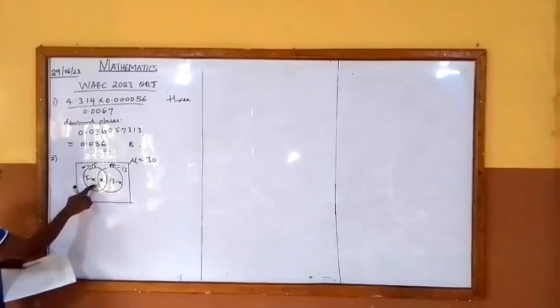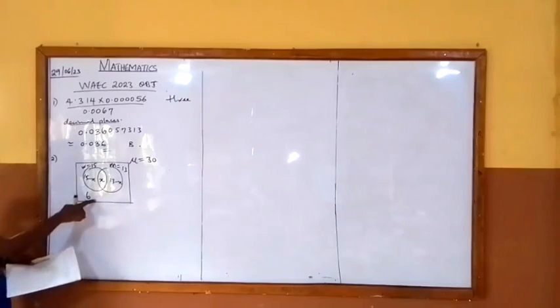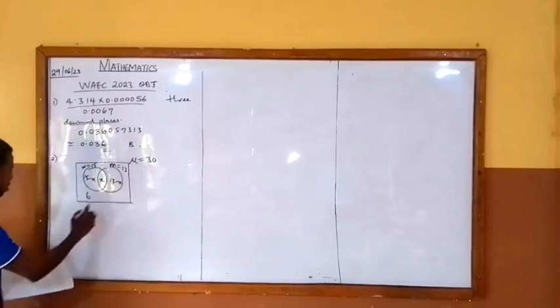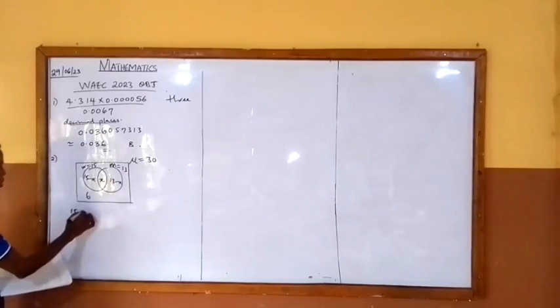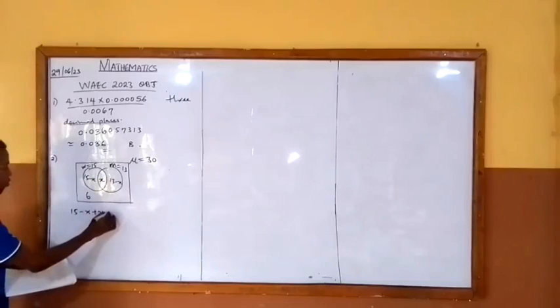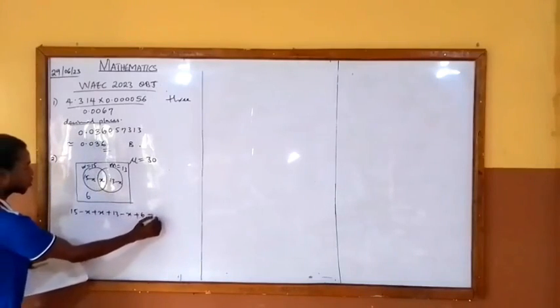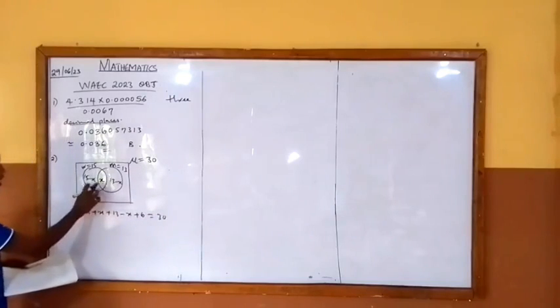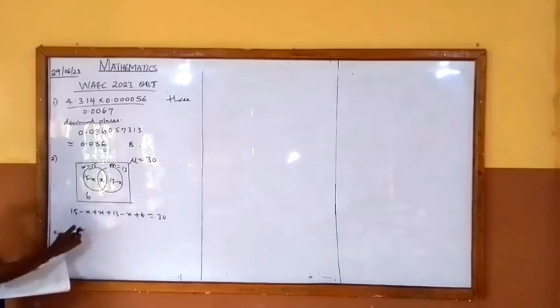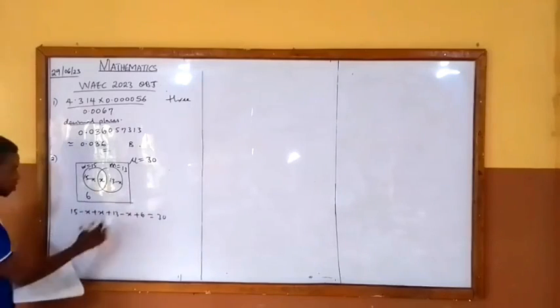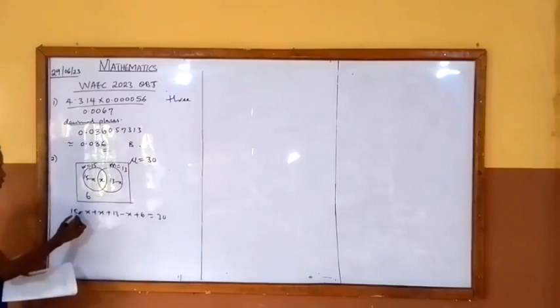We add everything in the circles with the one that is not in the circle and equate it to the universal set. We have 15 minus X plus 13 minus X plus 6 must give us 30. Now we simplify.